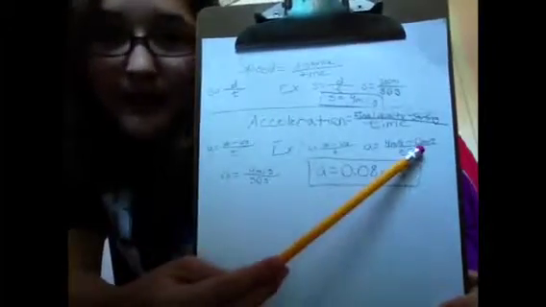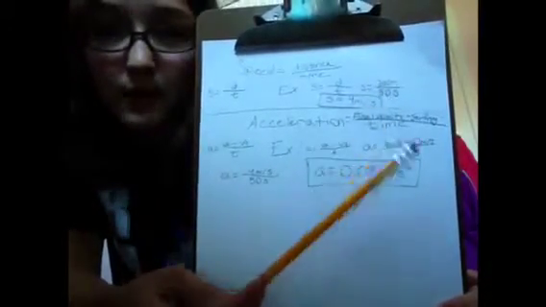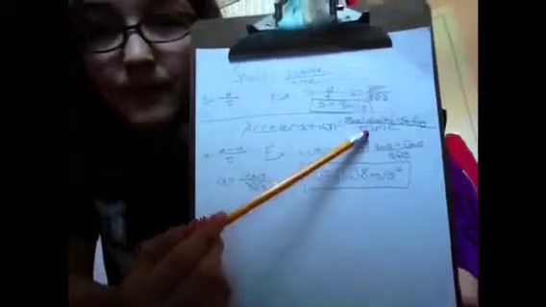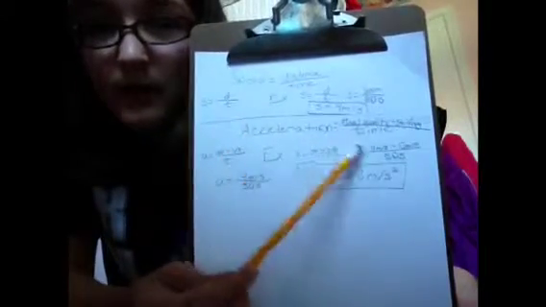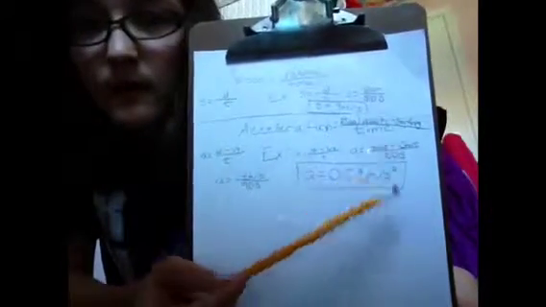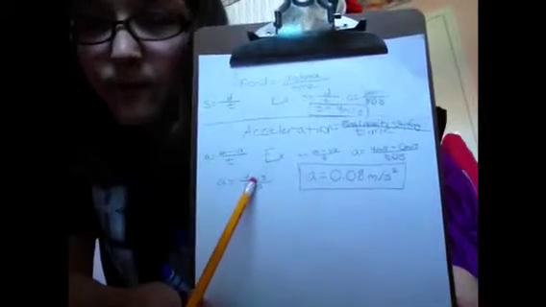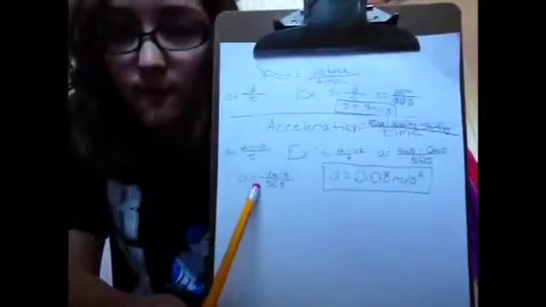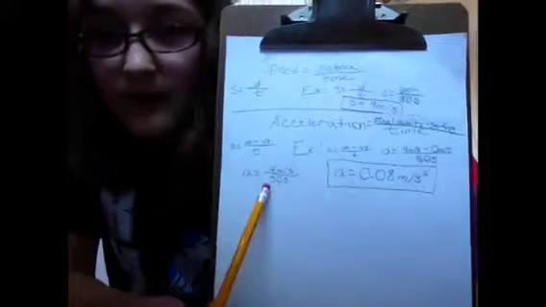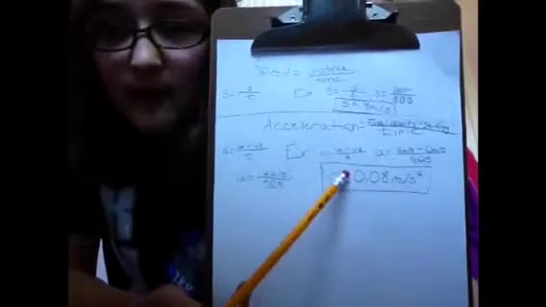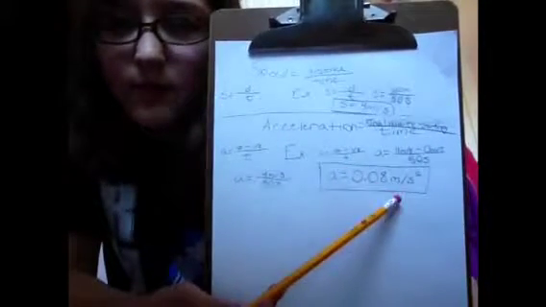Since we started the race at the starting line, it would be 0 since we weren't moving. Then, our time was 50 seconds. So then you do 4 minus 0, which is 4 meters per second, divided by 50, and you get 0.08 meters per second squared as your acceleration.